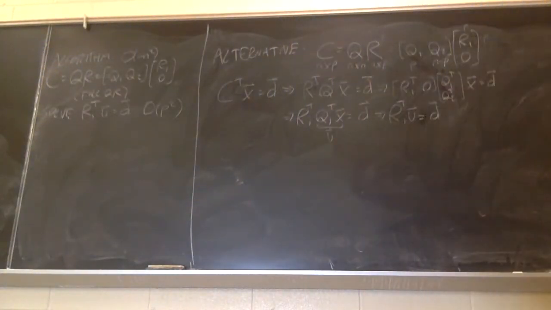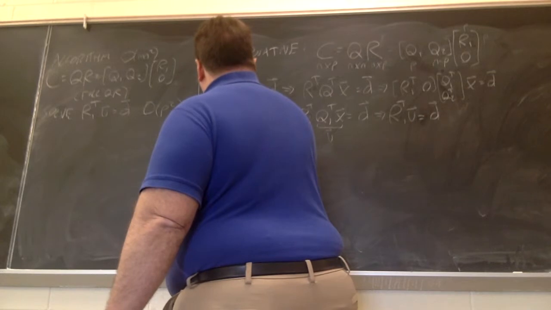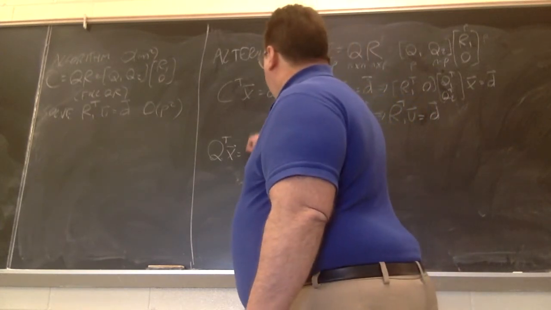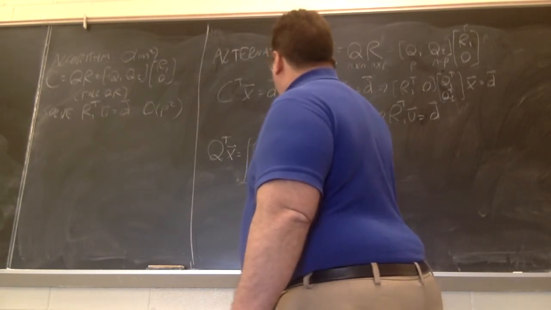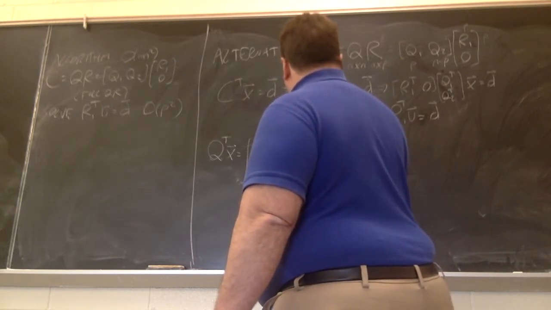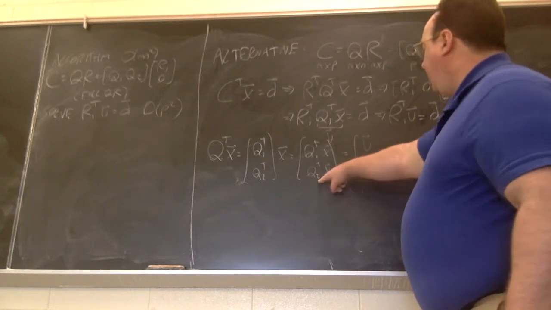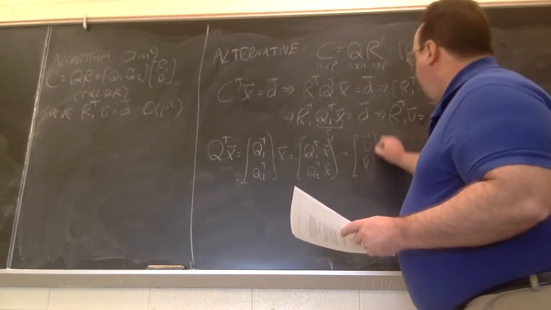Then, if I look at Q transpose times X, that'll be the same as Q1 transpose X, Q2 transpose X. Well, Q1 transpose X, that's U. And I'm going to define Q2 transpose X to be V.